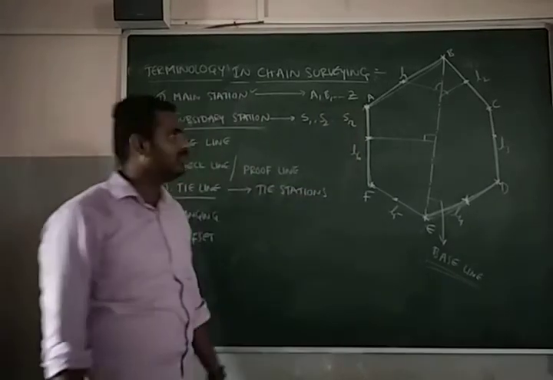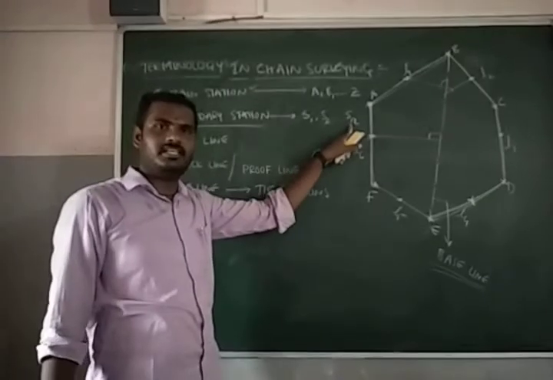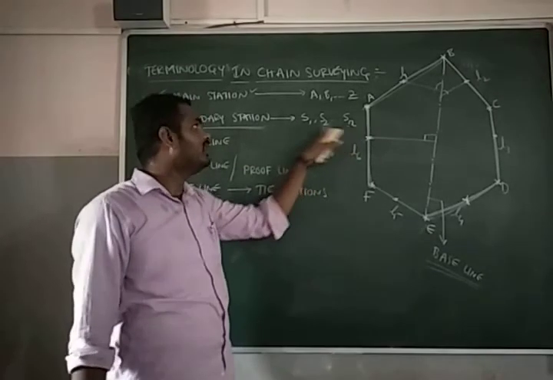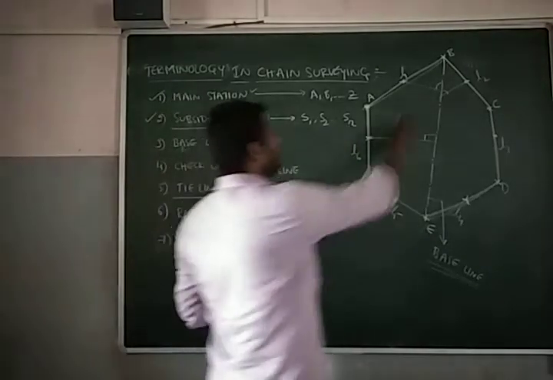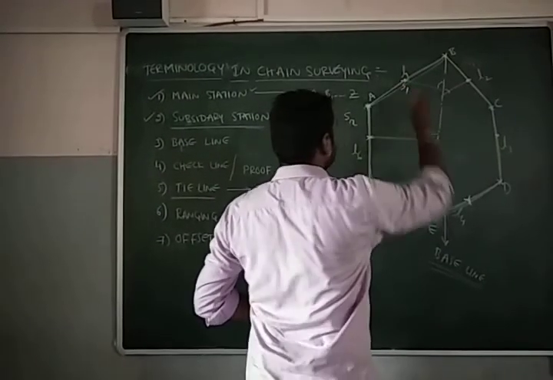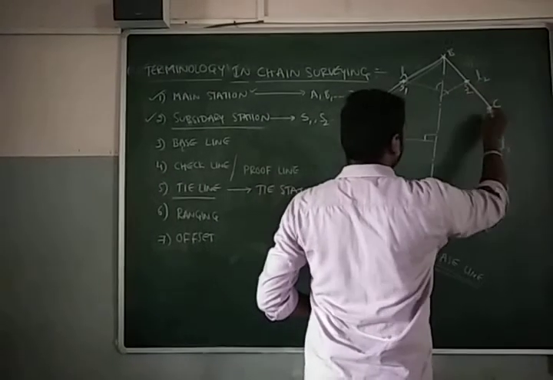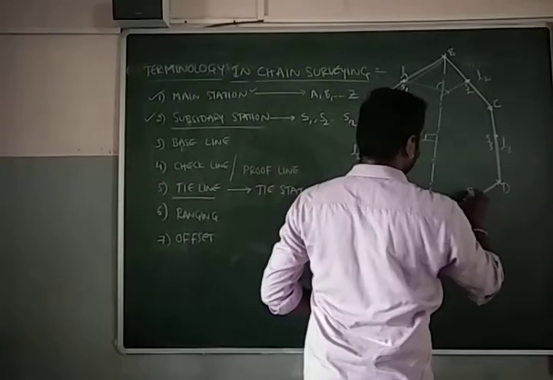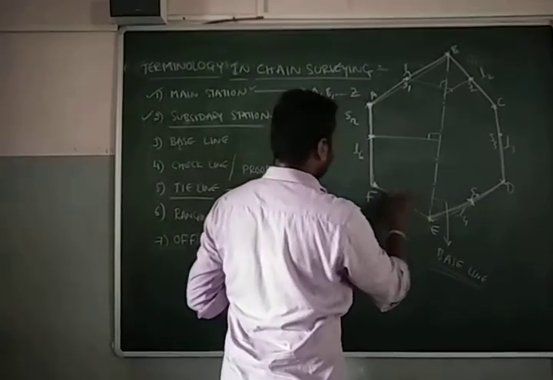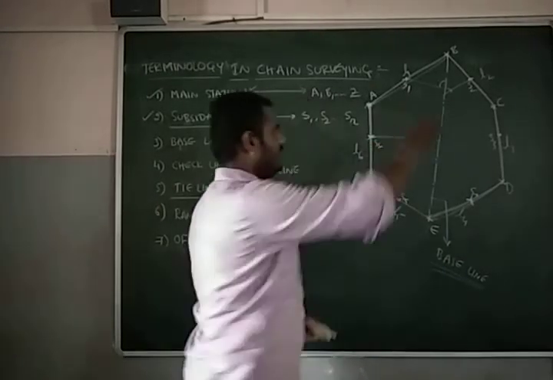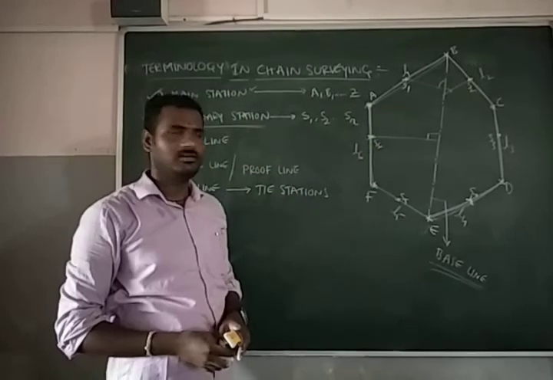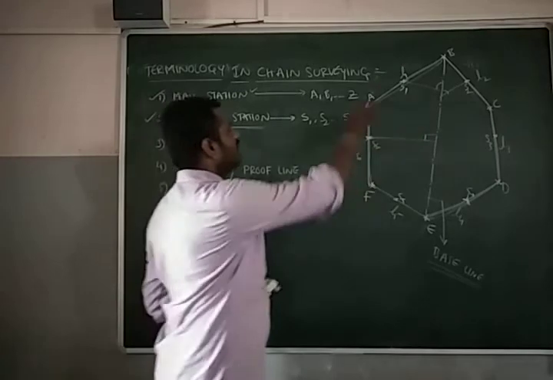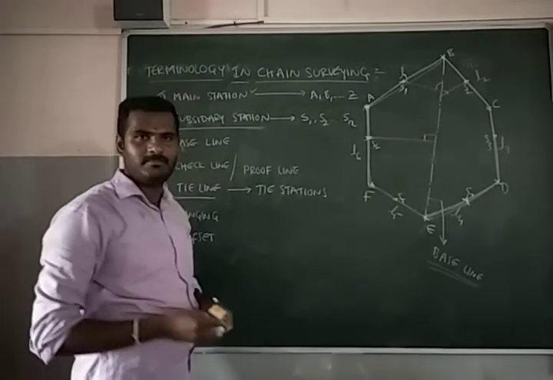Any number, that may be the 100th number, any number. So this is how we represent. Let us represent these points as S1, S2, S3, S4, S5, S6 and n number. These are known as subsidiary stations.